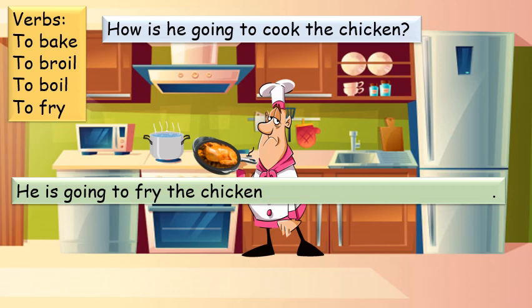He is going to fry the chicken in a frying pan on the stove. He's going to fry the chicken on the stove in a frying pan. What's the question? The answer: he is. Who is going to fry the chicken on the stove in the frying pan? The answer: the chicken.